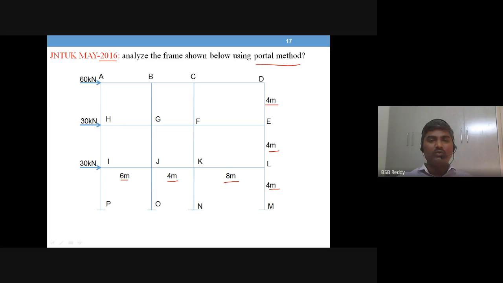To solve this frame applied by lateral loads, you see at each floor level you have some load acting in the lateral direction, that's nothing but horizontal loads. You may have load at each floor, or you may not have load at each floor.